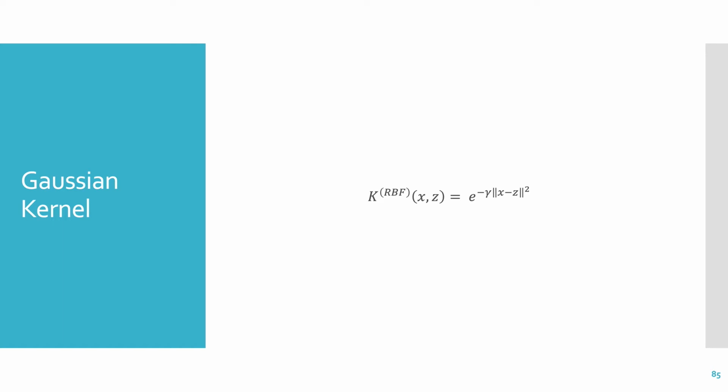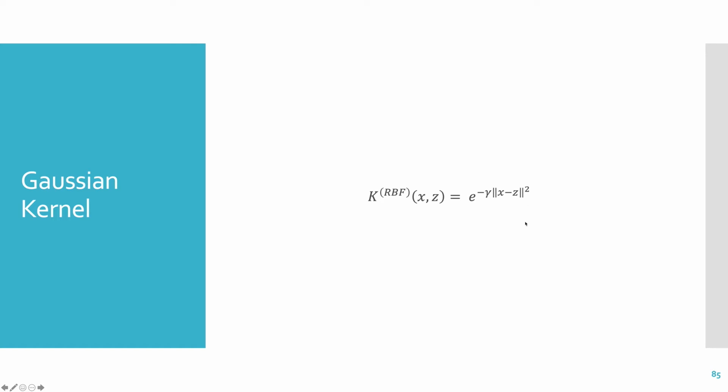The gamma parameter in the RBF kernel controls the width of the Gaussian bumps. What is the value of the RBF kernel when x equals z? It tends towards 1. What about when this term right here goes up? The kernel goes down.